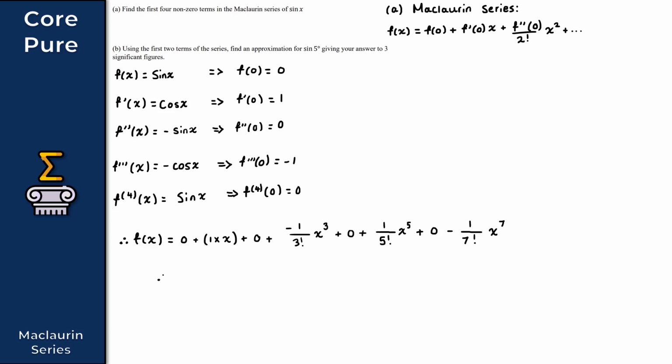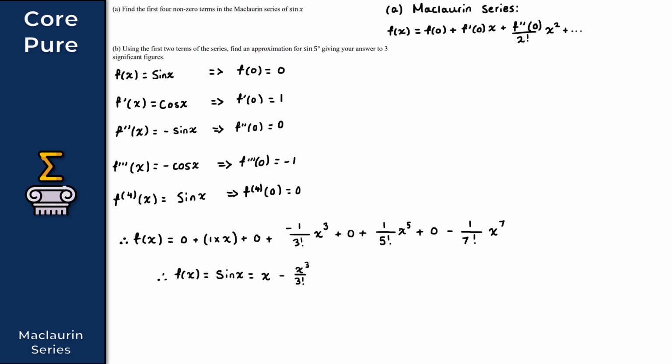If we simplify here, f of x, this is for sine x, is equal to 1 times x, that's just x, minus 1 over 3 factorial times x cubed, so I just get minus x cubed over 3 factorial.